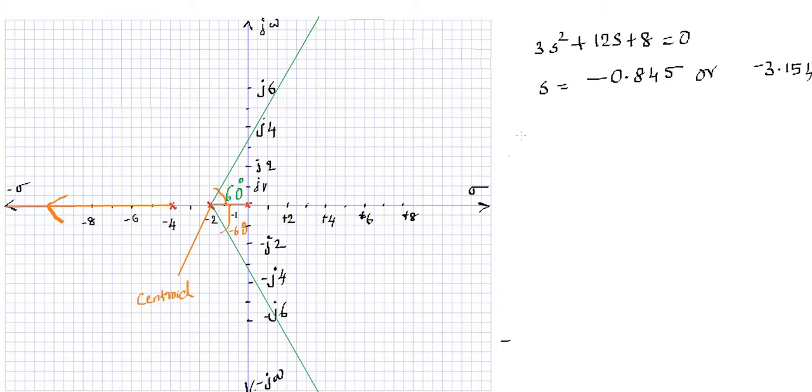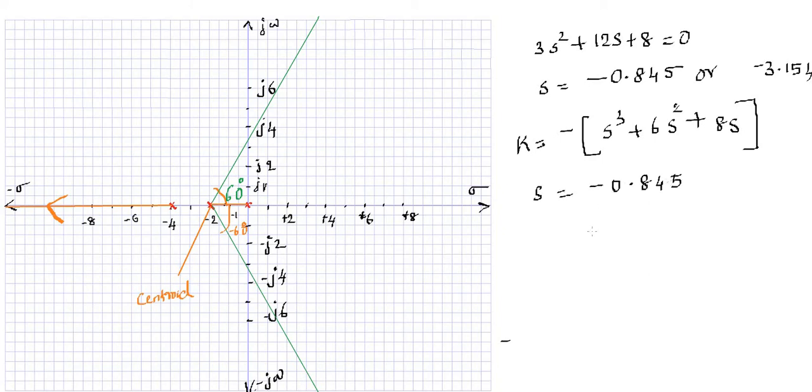We have the equation for k as minus s cube plus 6s square plus 8s. In this equation, substitute s is equal to minus 0.845.